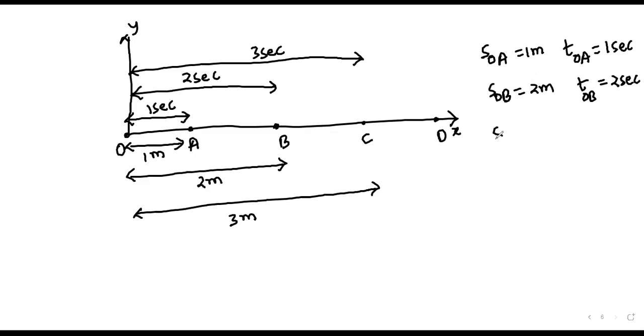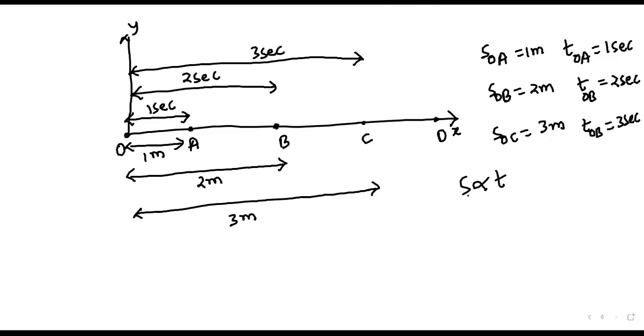That is the meaning. See OC, it is increased 3 times the initial value, so time is also increased by 3 times. That is the meaning of S proportional to T: equal distances in equal intervals of time. As distance increases, the time taken by the particle also increases.